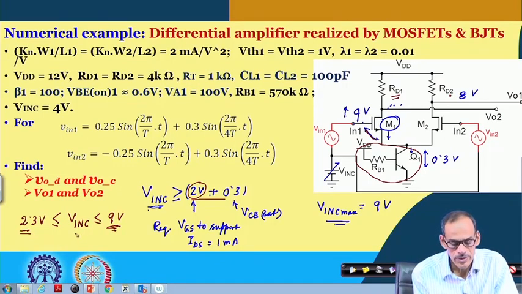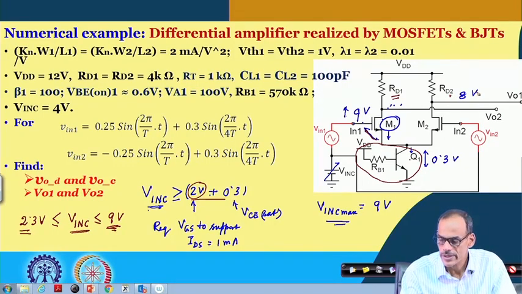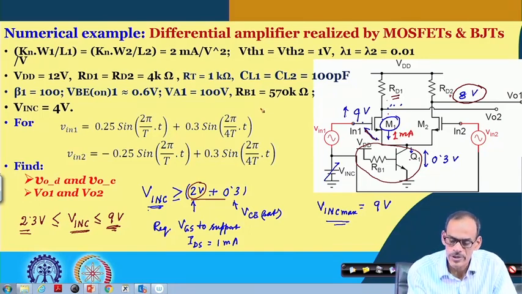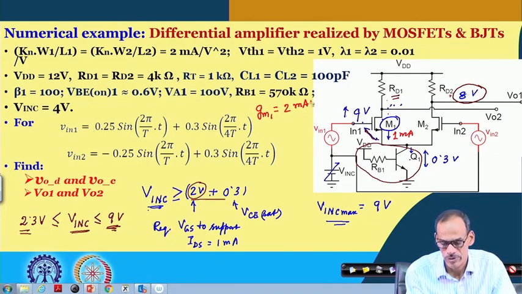Now, if we are keeping this V in C within this range, as I said, the current is not changing and so is the DC voltage, and also since the current flow here remains 1 milliampere, the corresponding GM also remains very close to 2 milliampere per volt, and the corresponding gain remains close to this 8, right.